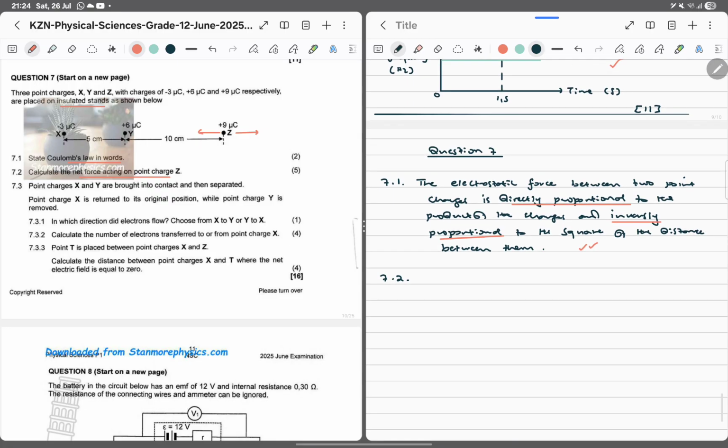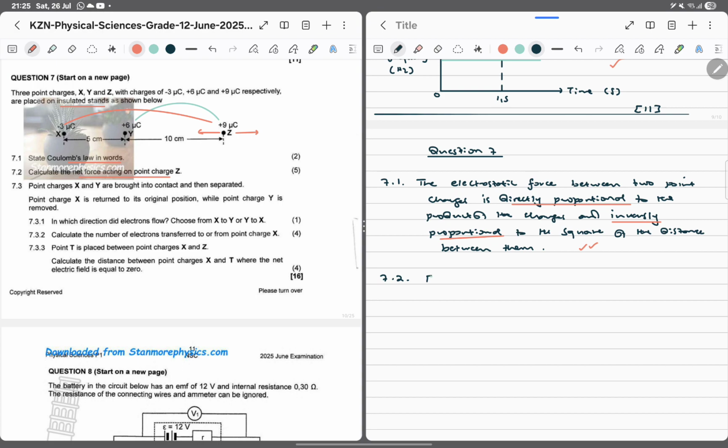Okay, all right, okay. So the resultant force here is going to be the force between these two minus the force between these two, right? Yeah.